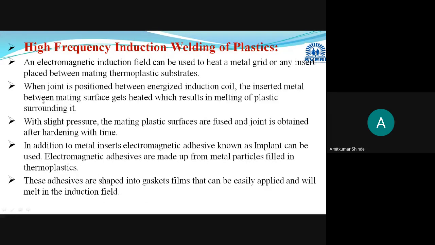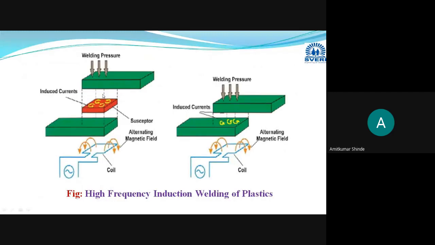The same point is explained here. When the joint is positioned between the energized induction coil, the inserted metal between the metal surfaces gets heated, which results in melting of the plastics surrounding it. In short, these plastic materials will get melted due to the transfer of heat from this susceptor by thermal conduction.